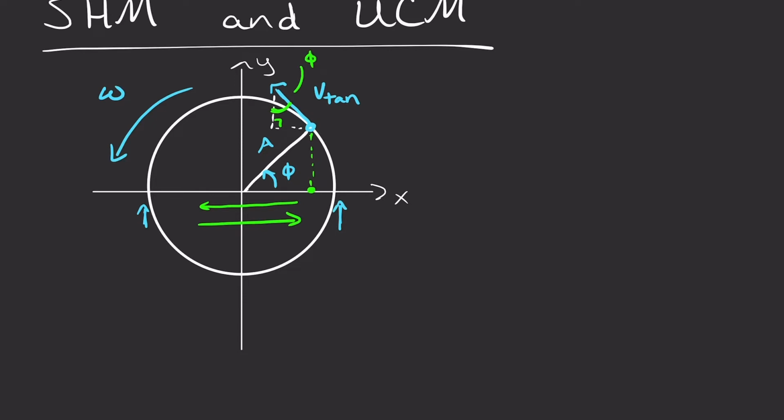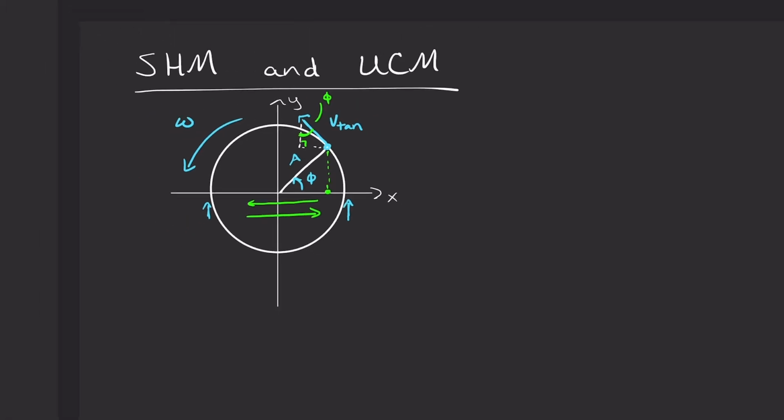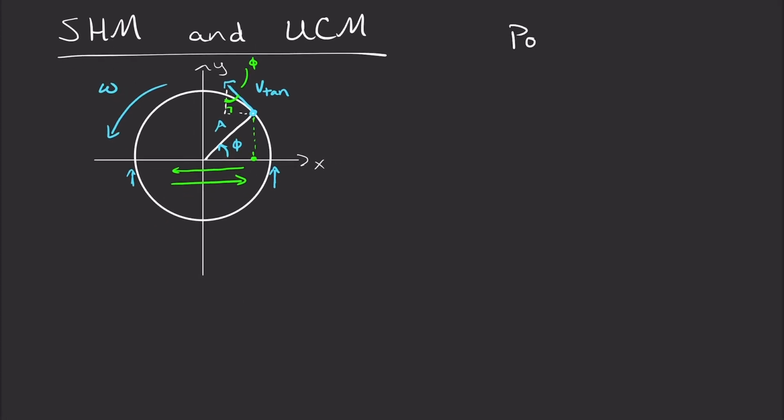Okay, so now let's start getting some equations. The position of our shadow that's oscillating back and forth is going to be the x position, the position on the x-axis. That's going to be given by the hypotenuse of this triangle, or the radius, the amplitude, times cosine of this angle phi.